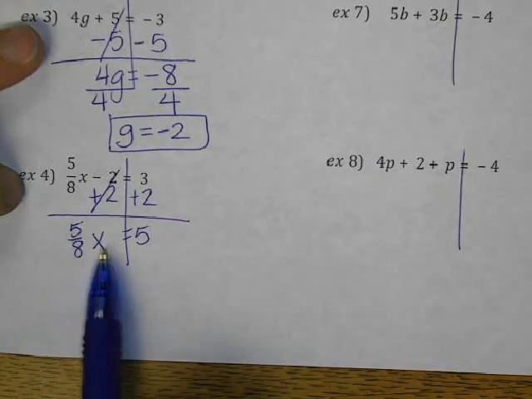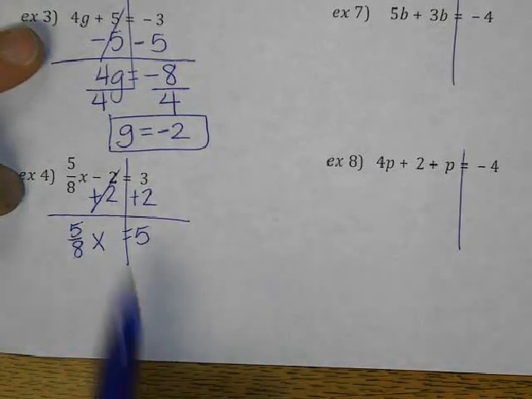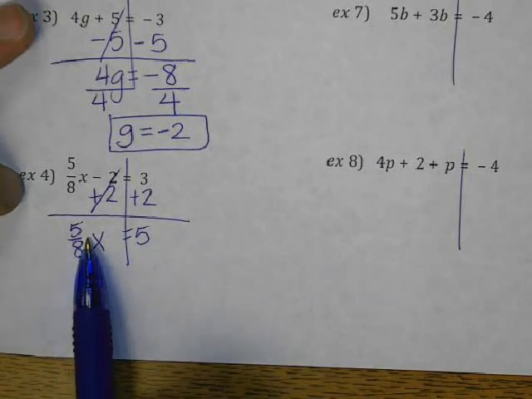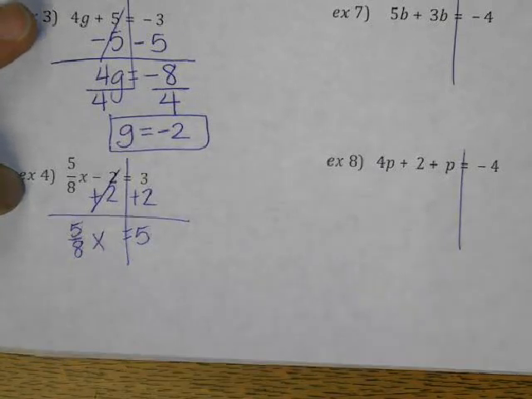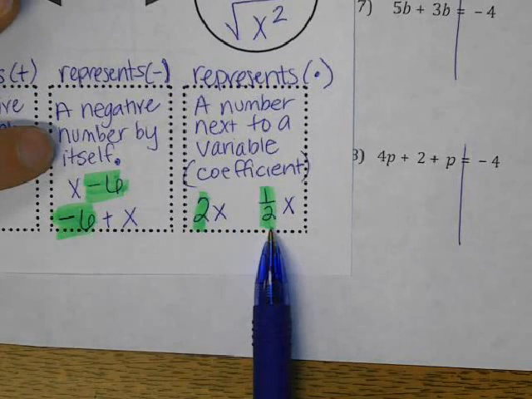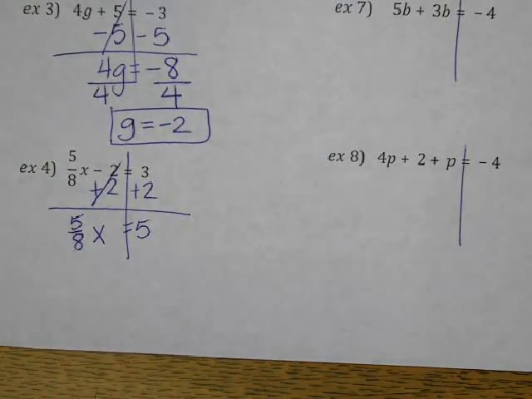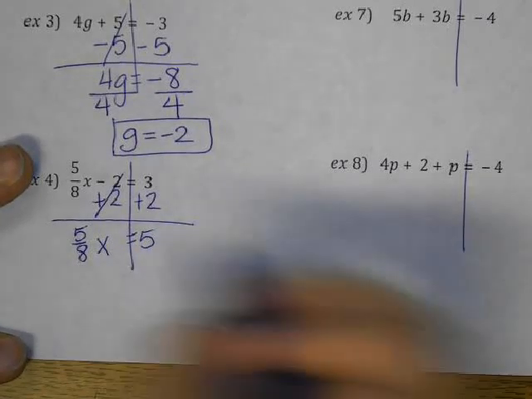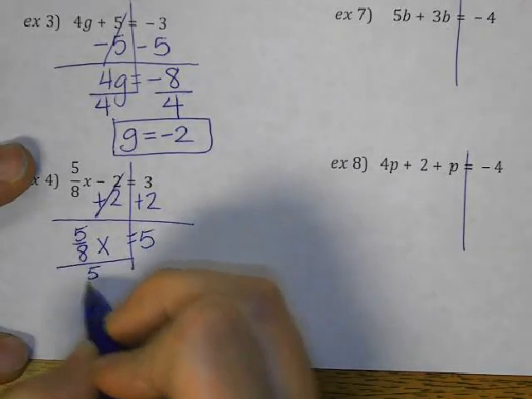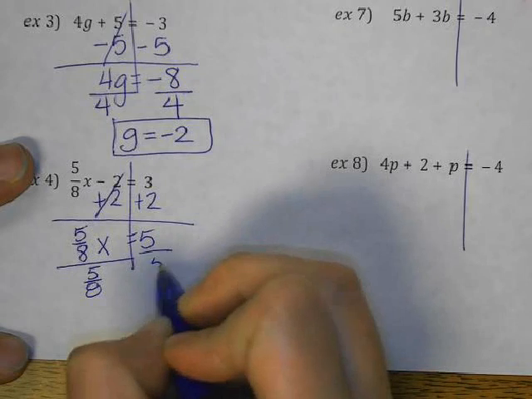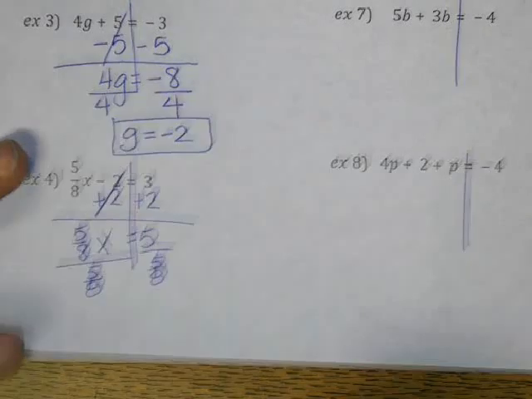What is this fraction doing to x? Well, hidden in between them is a multiplication sign. So, remember on here when we wrote 1/2 x, it's the same here, it's just 5/8. So to undo multiplication, I'm going to do division. So I'm going to divide by 5/8.